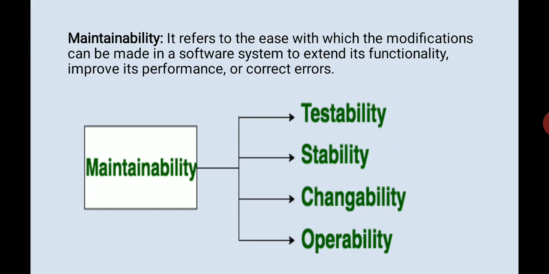Next is operability under different situations, different scenarios, different modes. All this comes under maintainability, and this is all done to improve the performance and correct errors, for a better user experience.